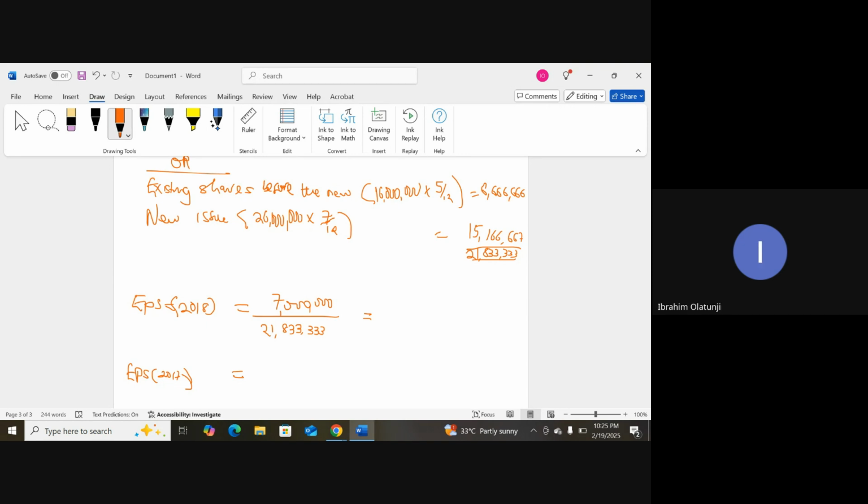Multiply with 100. 32.06. That is 32 naira, 6 kobo.